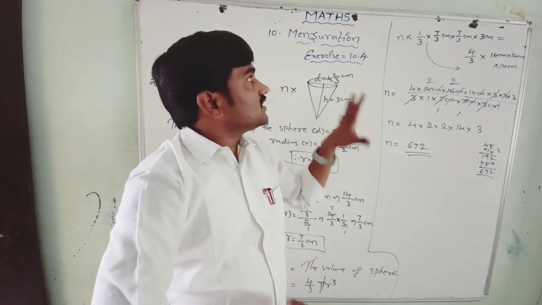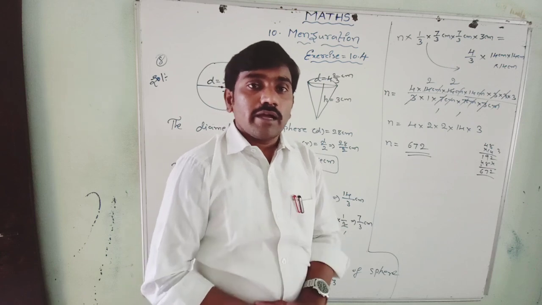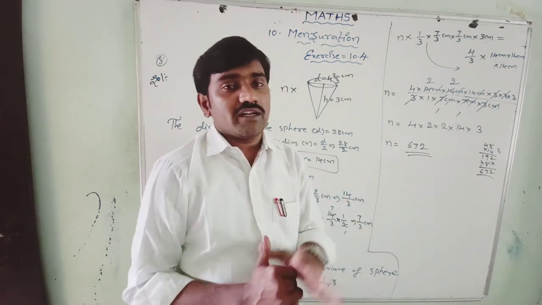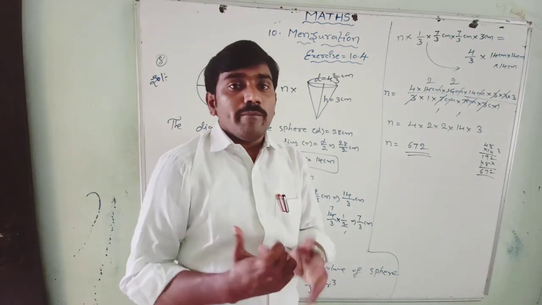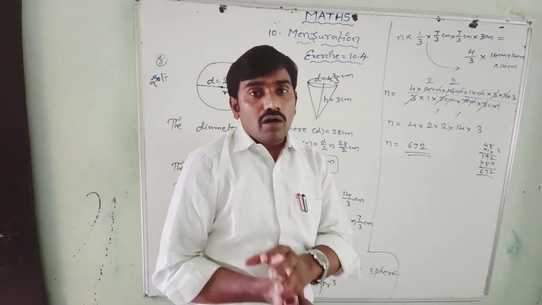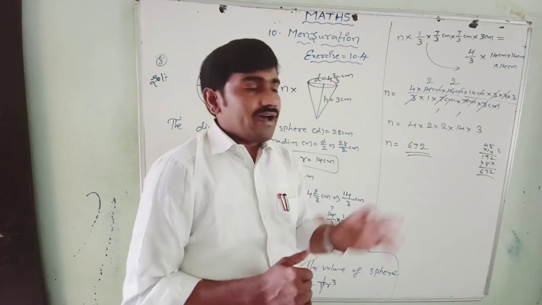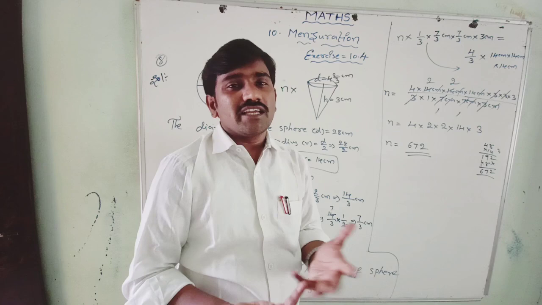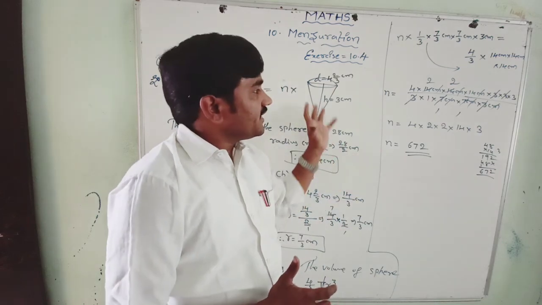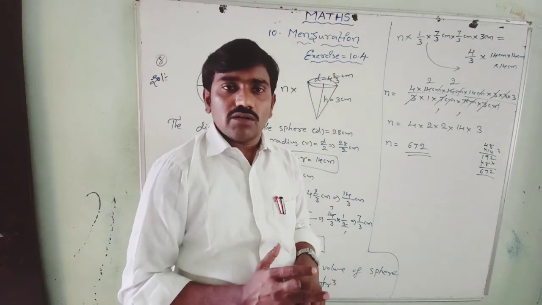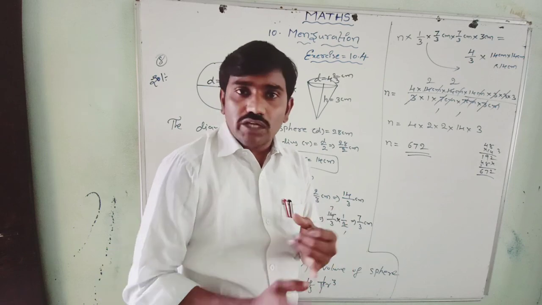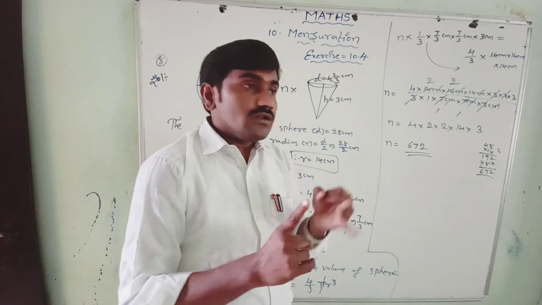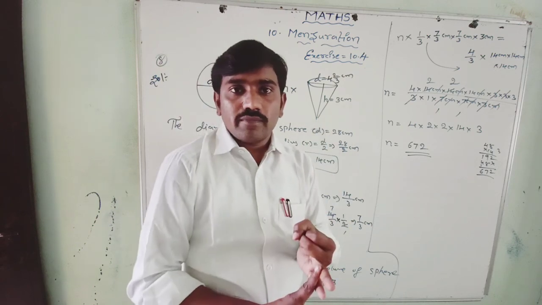I hope you understood this mensuration chapter clearly. Keep practicing each problem at least 1 or 2 times so that you will be very perfect in this chapter. Mainly you have to remember all the formulas; the values they will give you in the question itself, and you need not find out anything extra. 99% of the values they give you. You already know which formula to use and what values they have given.